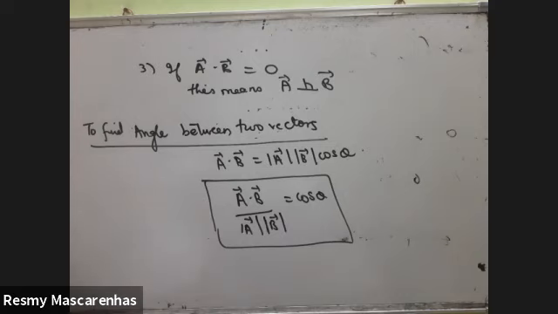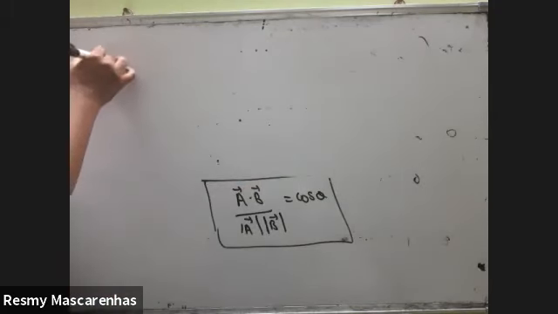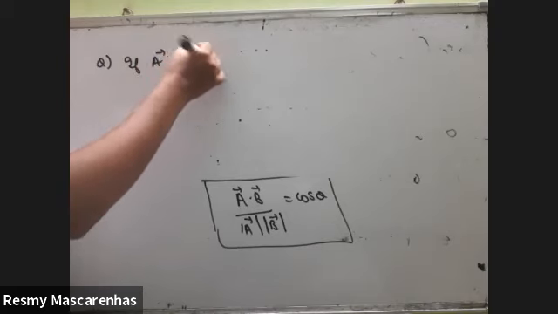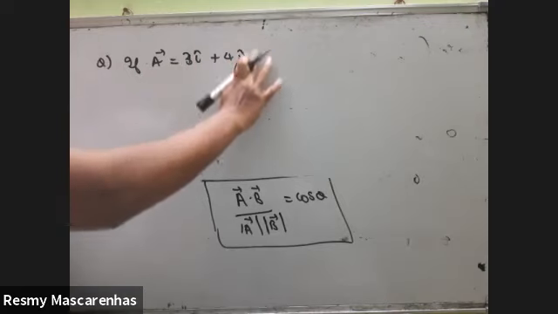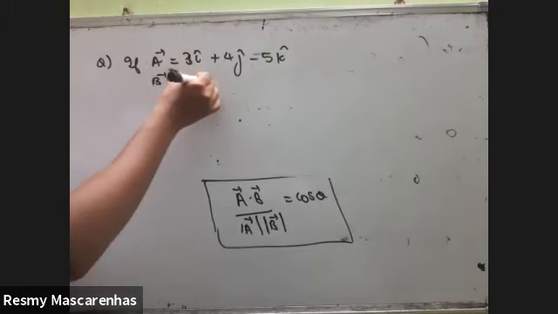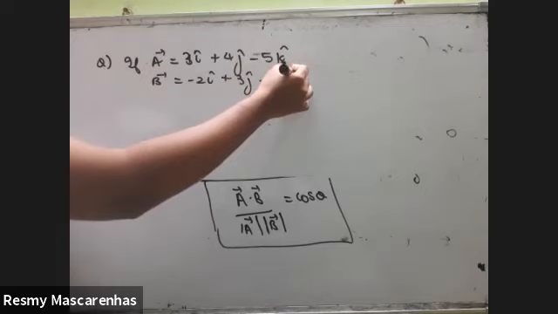So we'll find the angle. Question is, if A bar is 3i cap plus 4j cap minus 5k cap, B bar is minus 2i cap plus 3j cap minus 6j cap.